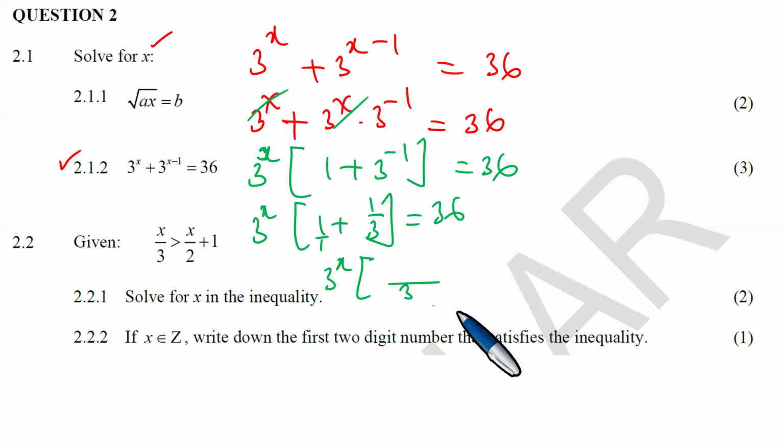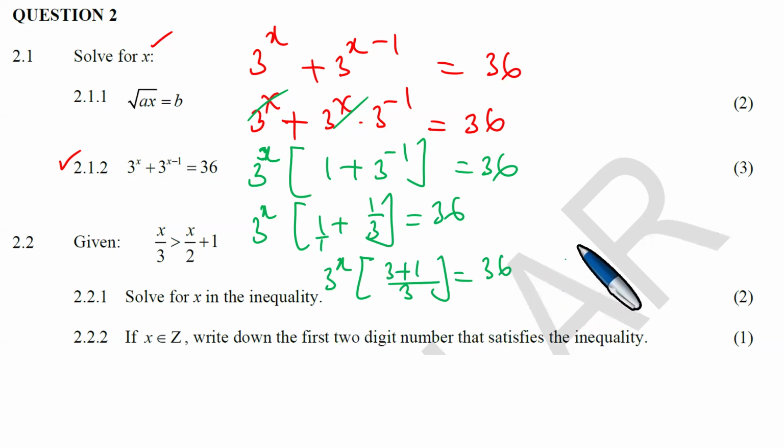Well done. So we take out 3 as the LCD: 3 divided by 1 is 3 times 1, plus 1, divided by 3, which gives 4/3, so 4/3 times 3 to the power x equals 36.